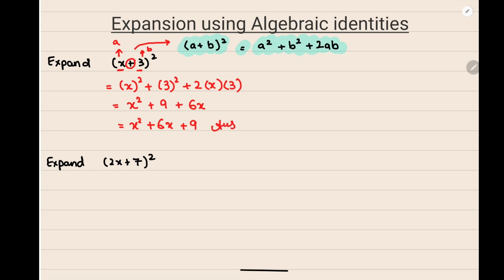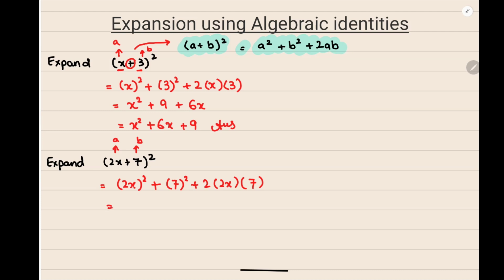For the second question, my a is 2x and my b is 7. I'll go by the same method. So I will write (2x) squared, which is a squared, plus my b, 7 squared, plus 2, where a is 2x and b is 7.